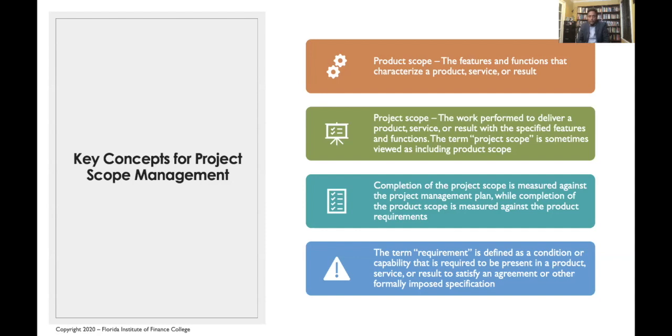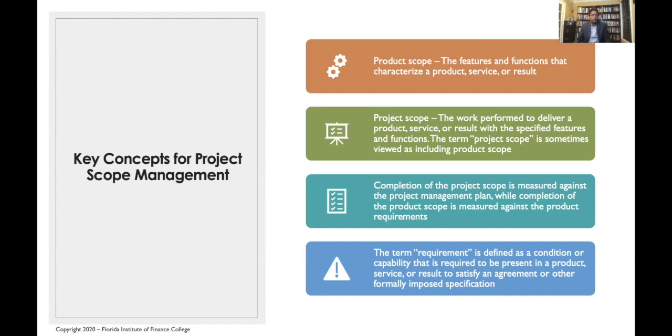The term requirement is defined as a condition or capability that's required to be present in a product, service, or result to satisfy an agreement or other formally imposed specifications. So requirement means what you are about to deliver to the customer.